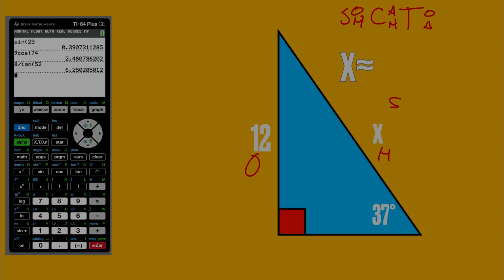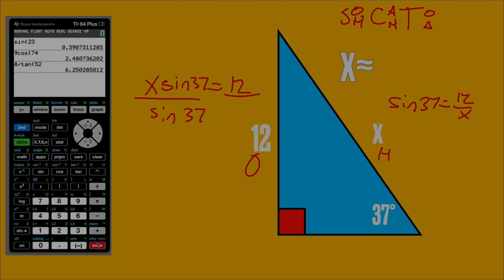So the sine of 37 equals 12 over x. Let's rewrite that: x times the sine of 37 is equal to 12, and then we divide by the sine of 37.